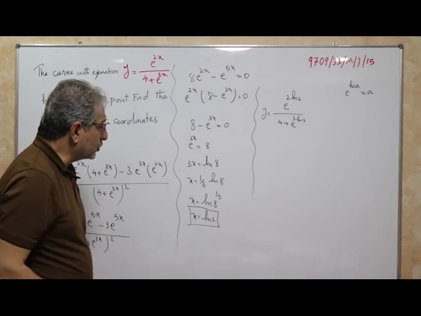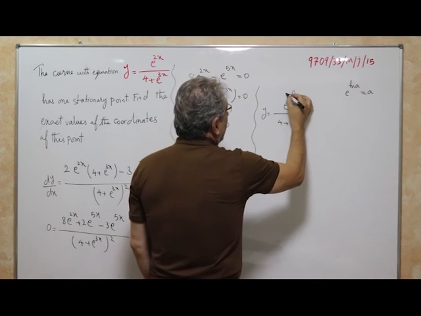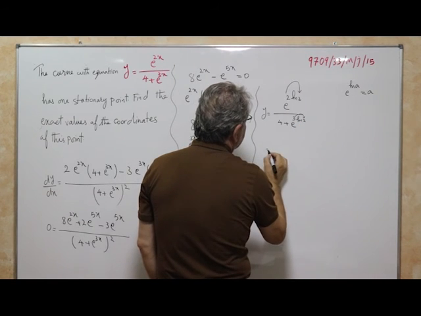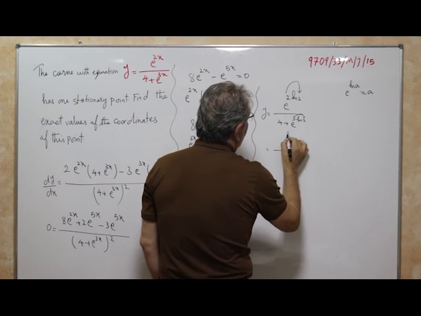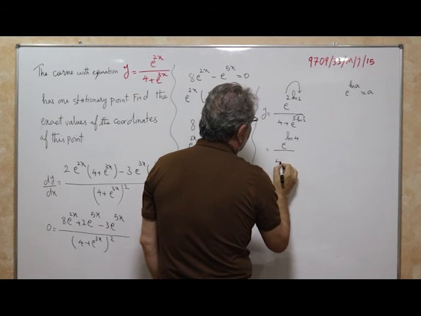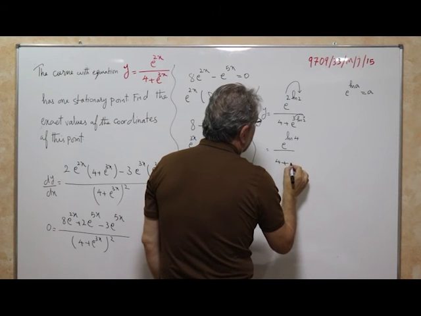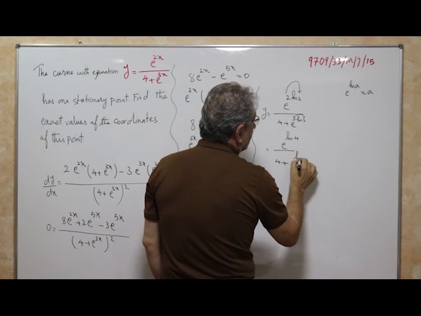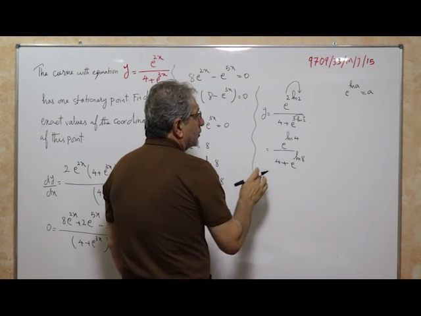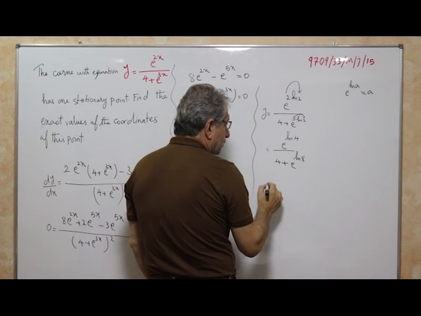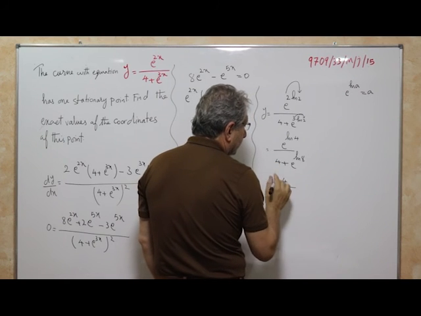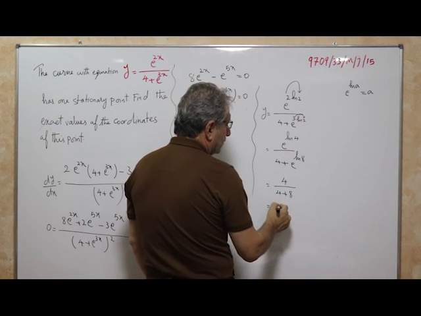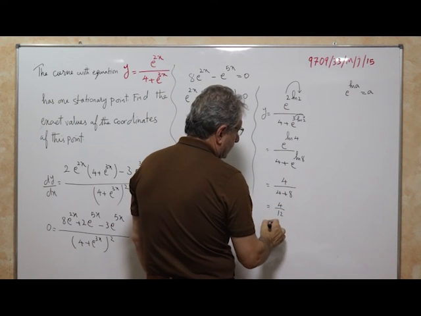We know that in logs we can take this 2 and bring it as a power here, and this 3 also can be a power here. So the answer will be e to the power of ln 4 divided by 4 plus e to the power of ln 8, since 2 to the power of 3 is 8. I told you e to the power of ln 4 is 4, therefore this is 4 divided by 4 plus 8. Therefore 4 divided by 12, the answer is 1 over 3.